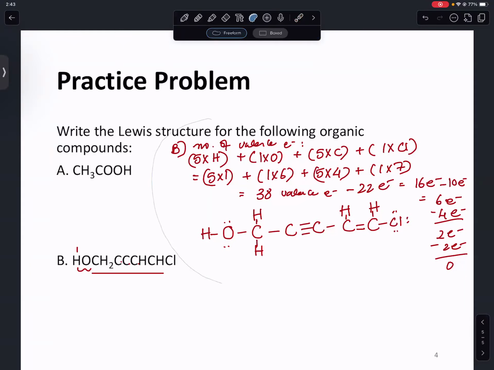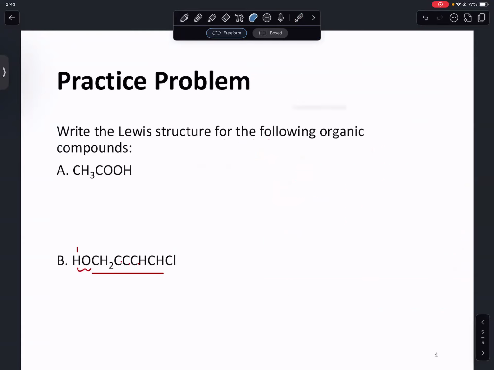Now let's draw out the simple one. The simple one, you already know it as ethanoic or acetic acid because it comes from the acetate ion. And we're going to do the same thing. We're just going to write out the number of valence electrons.